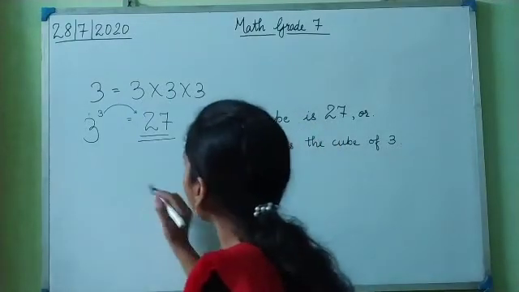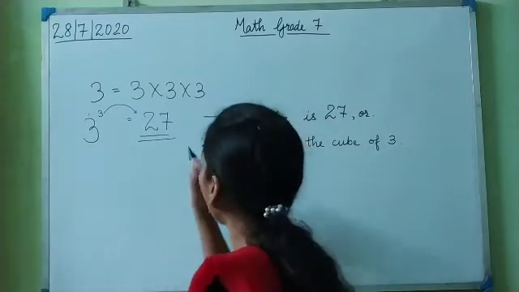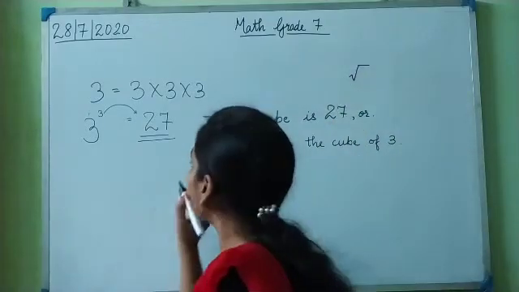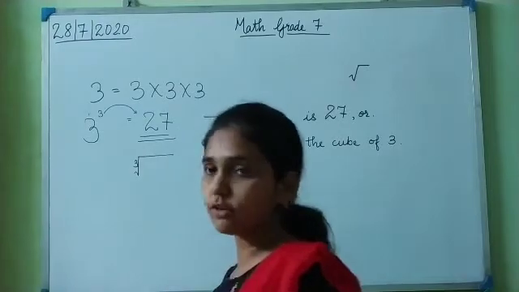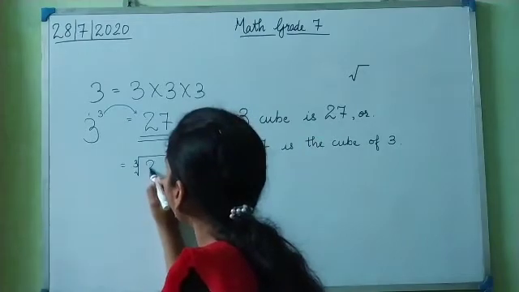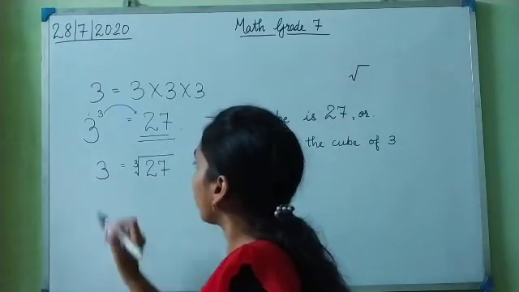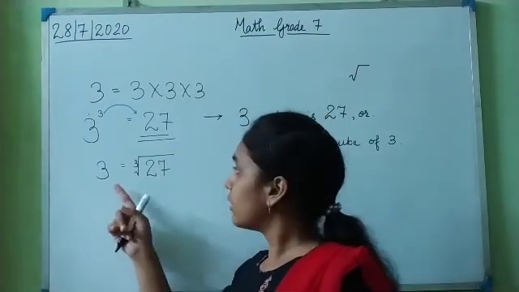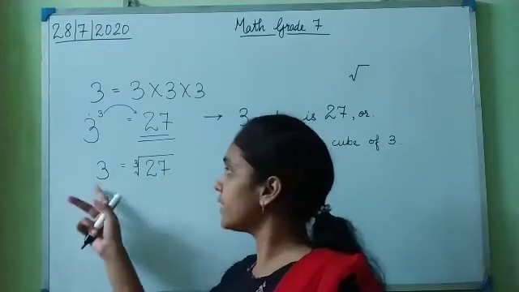We had seen that the square root sign is just like this, but the cube root sign has a small 3 and then the root sign. So we can say that the cube root of 27 is 3. When we multiply the number 3 by itself 3 times, we get 27.